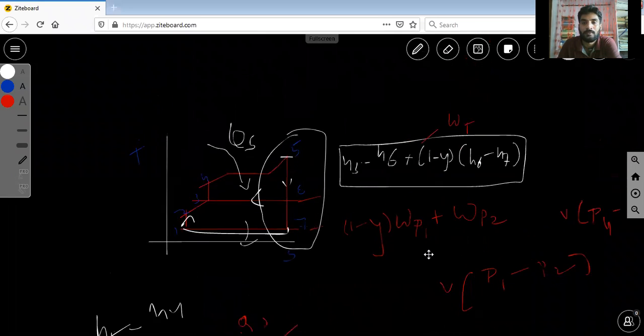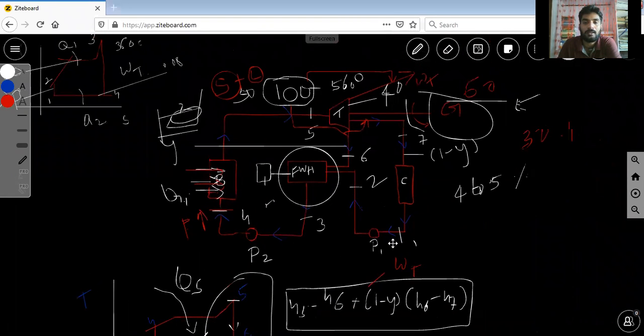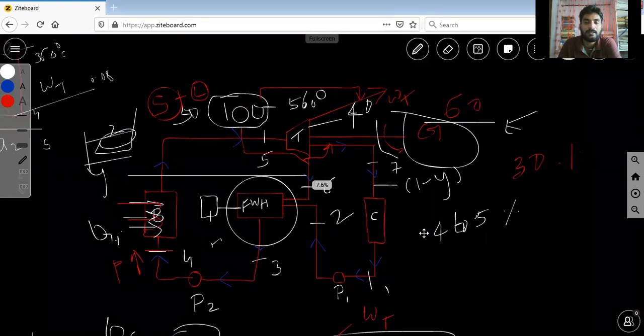This is the typical steam power plant cycle of a regenerative system. Recall that in previous lectures we discussed the superheating condition, which is also an efficiency improving method.